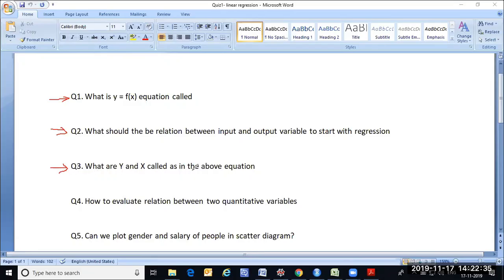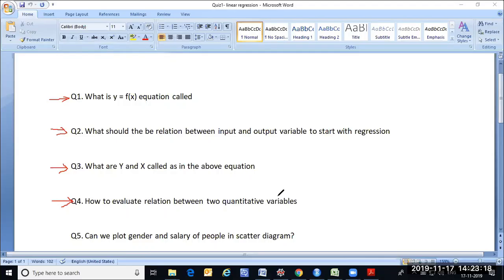And what are y and x called in the above equation? Y is the dependent variable or the output variable, and x is the independent variable or the input variables. How to evaluate the relationship between two quantitative variables?